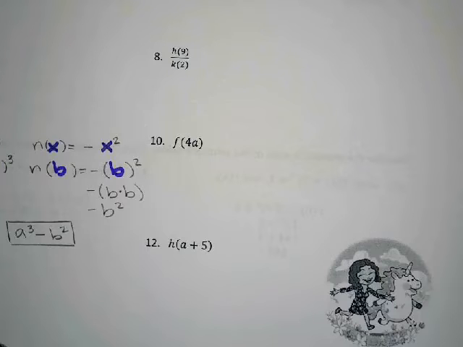And then we're going to leave a blank space where the x's were so that we can plug in the 4a. And then once we plug in the 4a, we're going to see what we get.